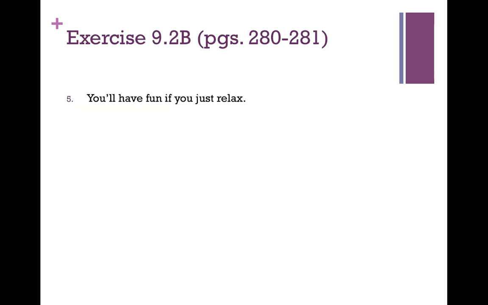All right. Number 6, you'll have fun if you just relax. So we have to identify our atomic propositions. You'll have fun, if you relax. And we could use any letters we want. I'm going to use F to represent this atomic proposition and an R to represent this one, you just relax. And here we have our connective, if.